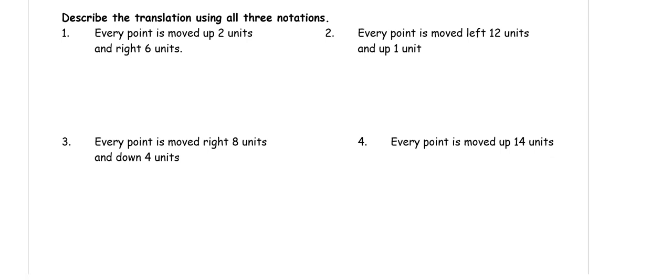So in the first one, every point is moved up 2 units and right 6 units. So remember that right is going to go with the x, and up is going to go with the y. So we have x comma y, arrow, and then I need my new change. So x, in this case, we're moving right 6, so x plus 6, y up 2, plus 2.